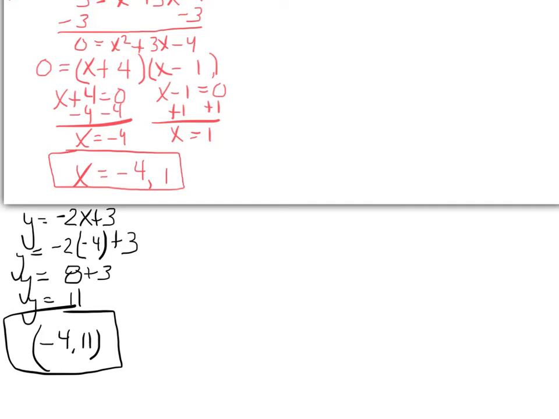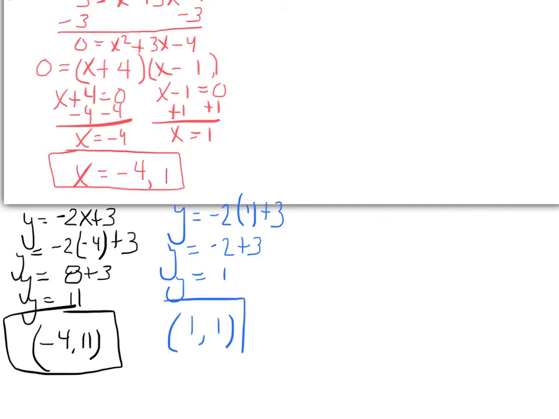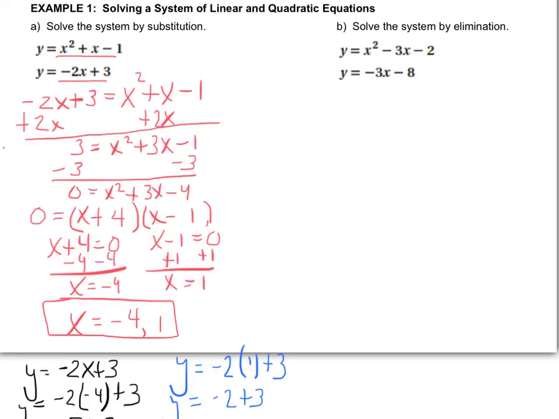And then when I look at the same equation again, this time I'm going to plug in 1 into y equals negative 2x plus 3. This time I'm going to get negative 2 plus 3, y equals 1, which means that 1, 1 is another solution to this system.